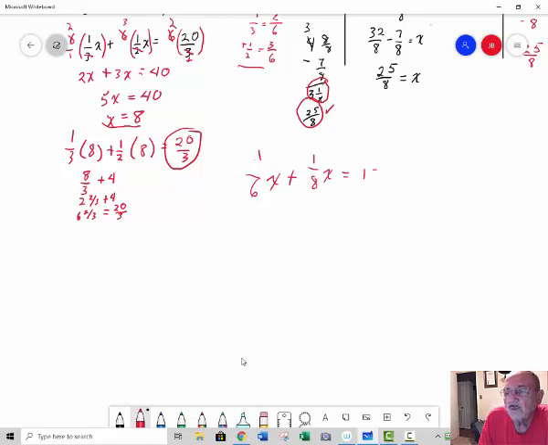And I'm just making this up. I don't have any idea what the value is going to be. I'm just trying to get you to see what's my least common denominator.